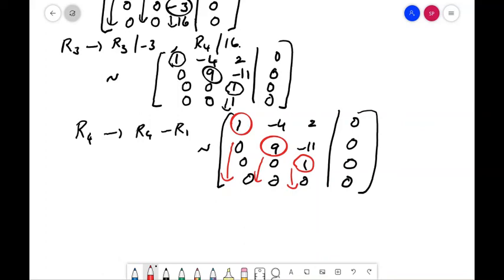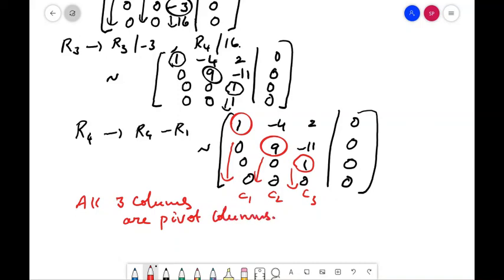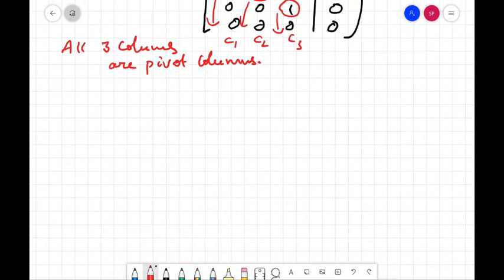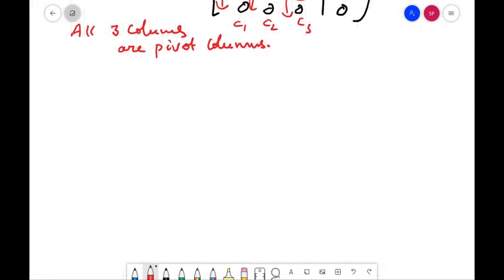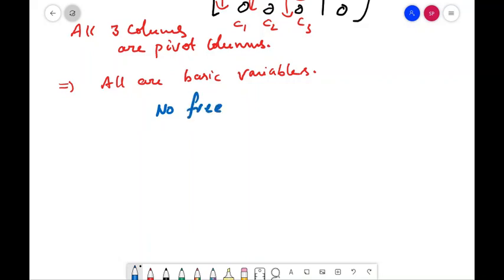Now how many columns do you have? C1, C2, C3. All three columns are pivot columns. If so, then what happens? If all three columns are pivot columns, it implies all are basic variables, whatever variables you have in the equations, and no free variable. If there is no free variable, what is the conclusion?